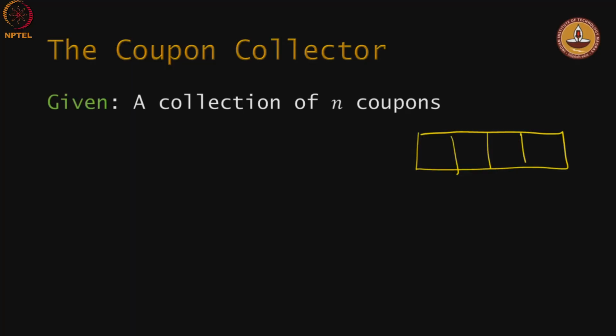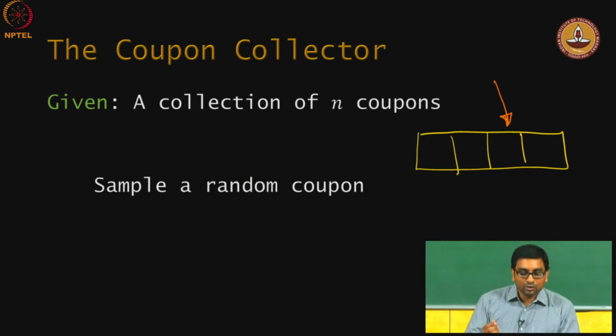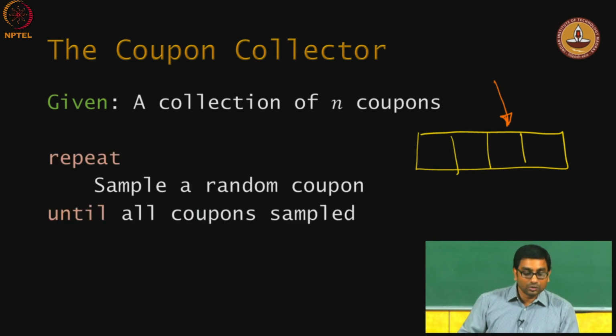So, let us state that formally. You are given a collection of n coupons, if you will, stickers, coupons, whatever you want to call it. When you buy this box of chocolates, you get one of them. So, think of it as sampling a random coupon. And you want to repeat this process until you have gotten all the possible coupons at least once.